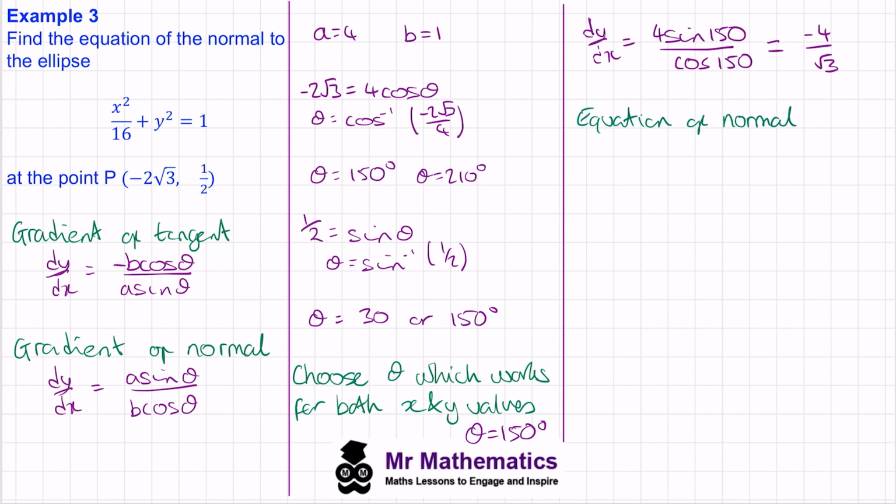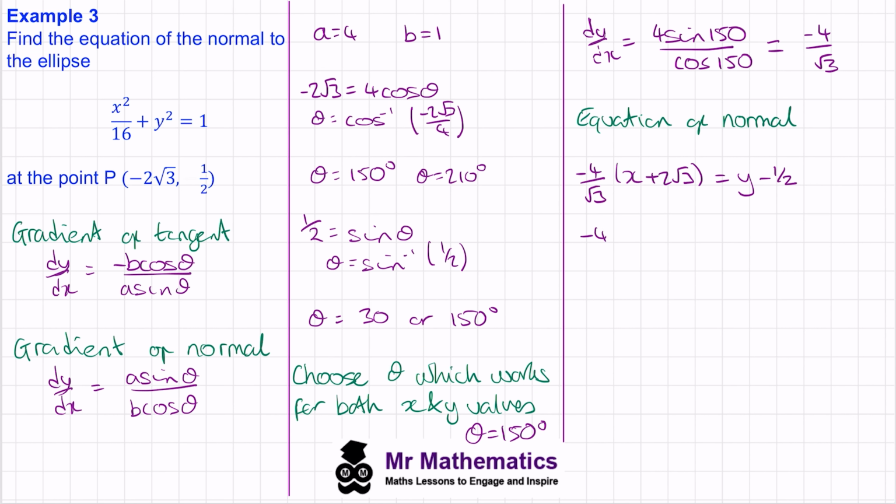So we can work out the equation of a normal using the gradient, negative 4 over root 3, lots of x minus x1, so minus negative 2 root 3, so plus 2 root 3, will equal y minus y1, so minus a half. We can move this root 3 to the right hand side and multiply out the negative 4.